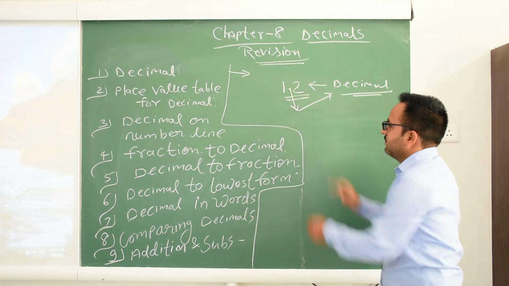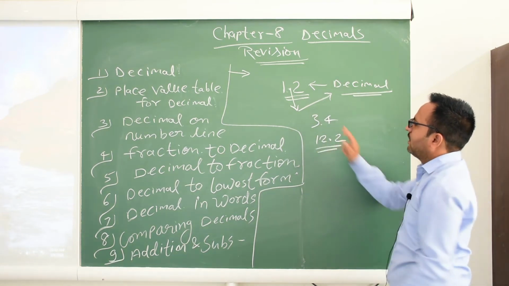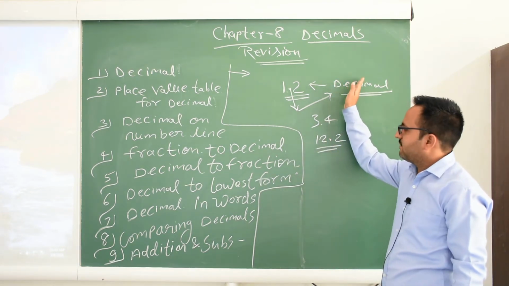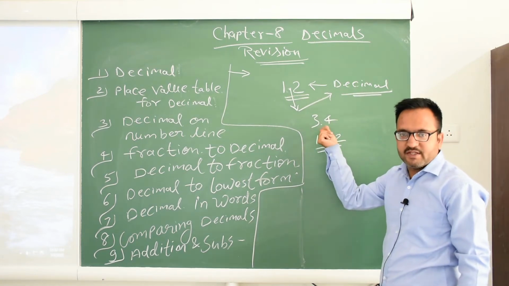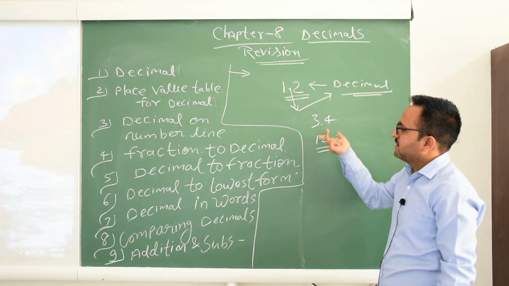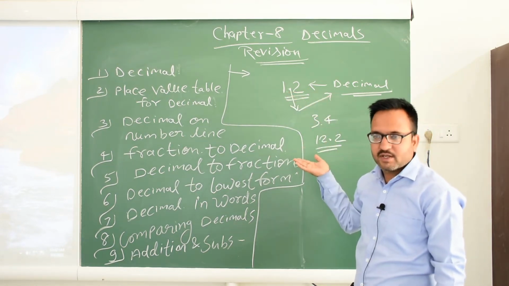So 1.2, 3.4 and 12.2 are examples of decimal numbers. In a decimal number we put the point between the numbers. So these are examples of decimal numbers.